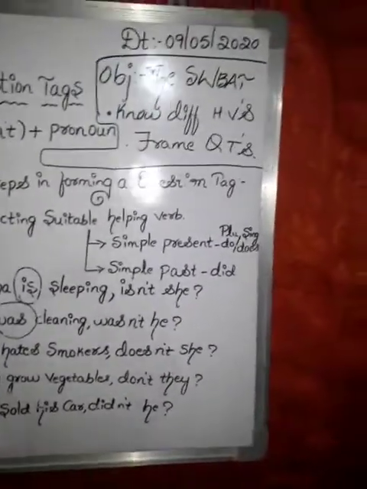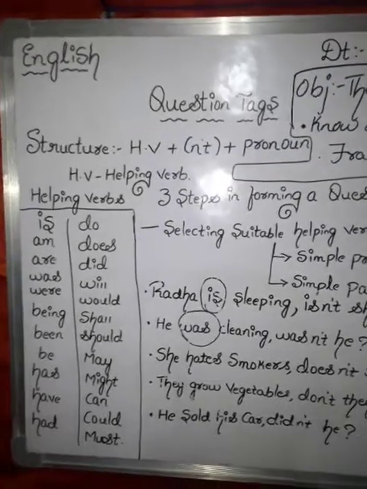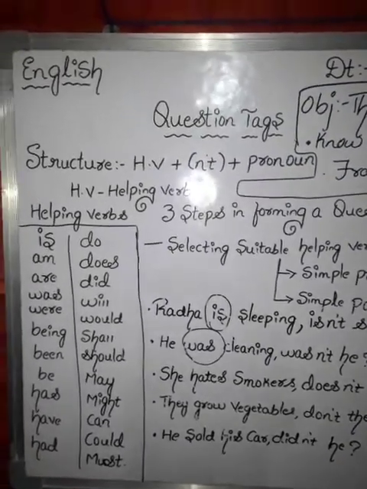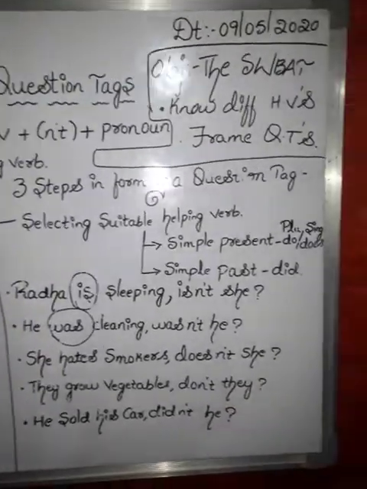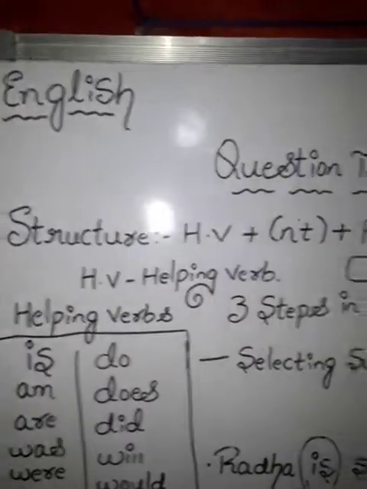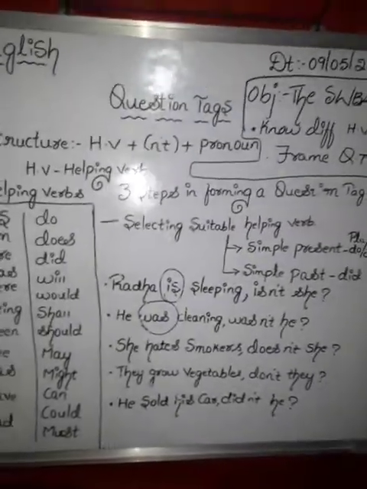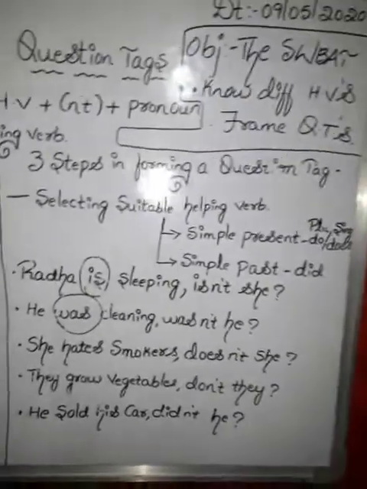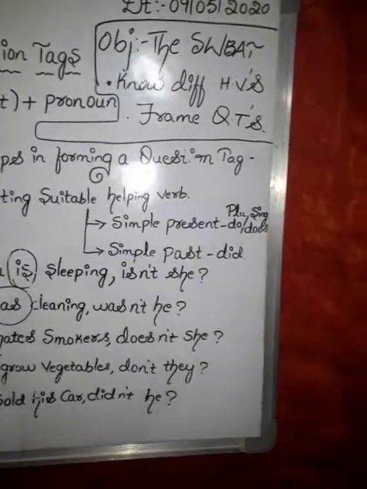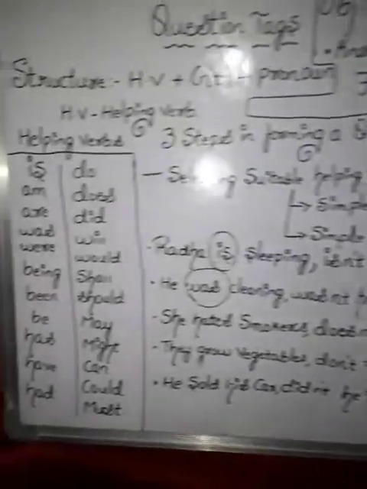Question tags are short questions at the end of statements. They are primarily used in speech when we want to confirm whether anything is true or not, or when we want to encourage a reply from someone whom we are speaking to. So question tags seek confirmation or information.